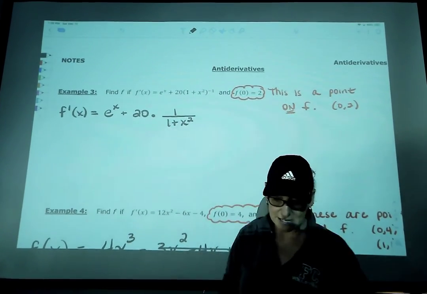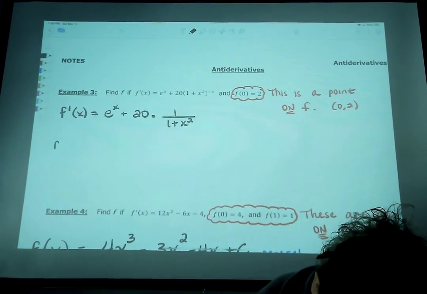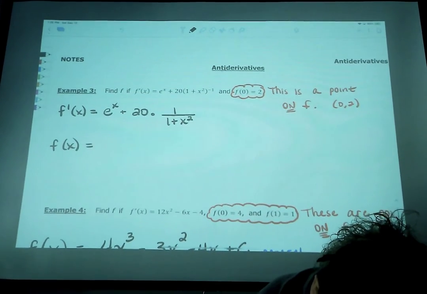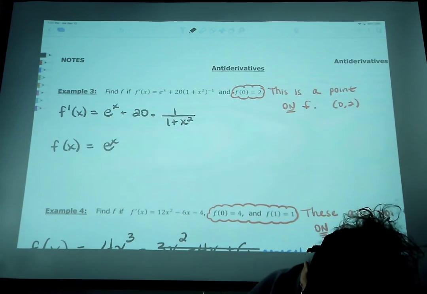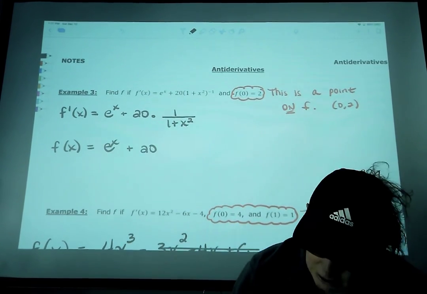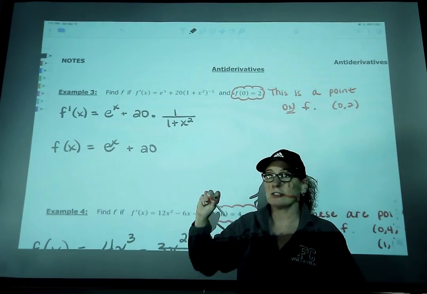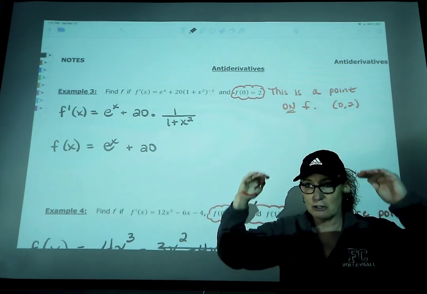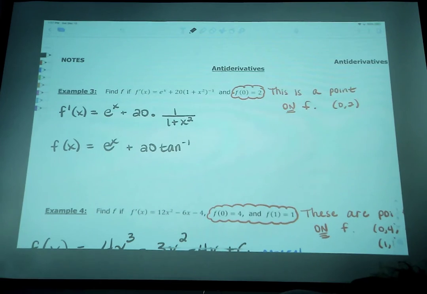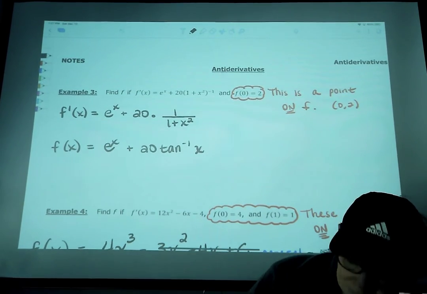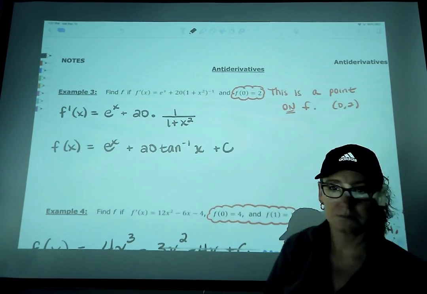All right, so let's do this antiderivative. That part was easy. Remember, this fraction is the derivative of tangent inverse. So when you do an antiderivative, that's what you get, plus your constant.